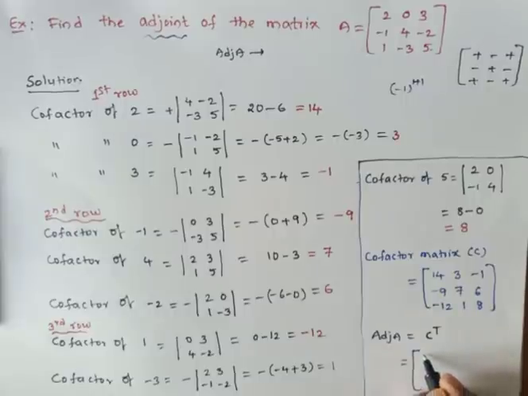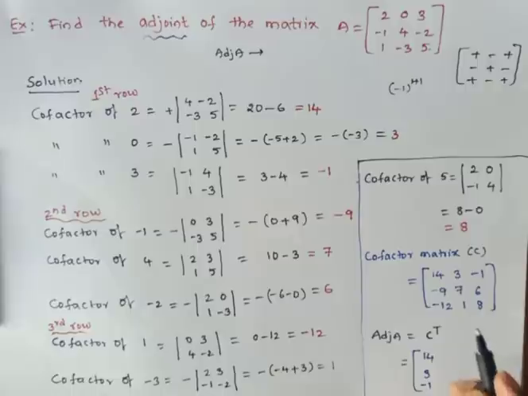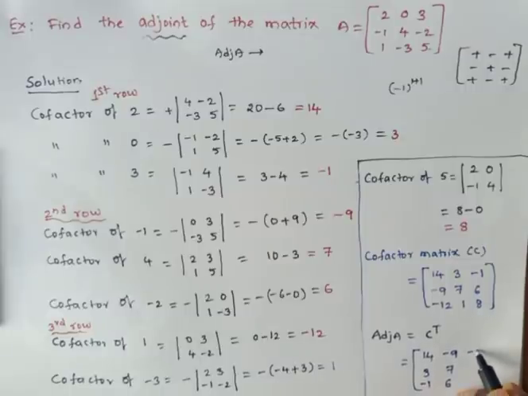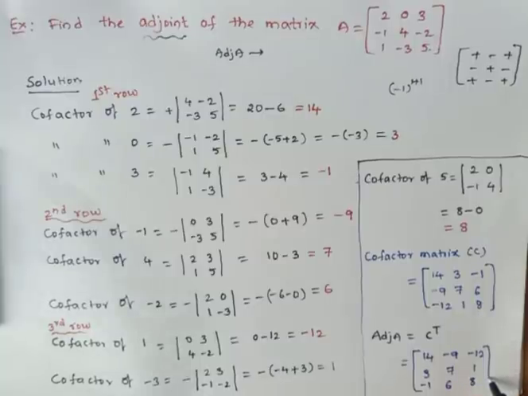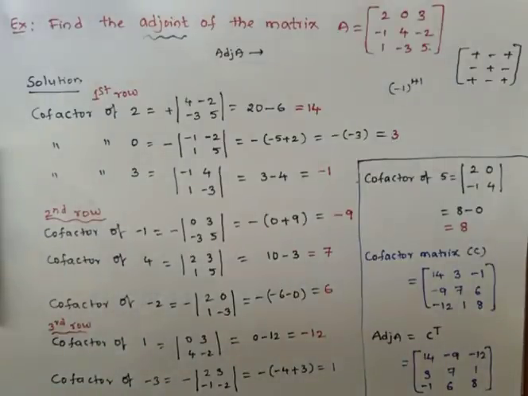This row becomes a column: 14, 3, minus 1, minus 9, 7, 6, minus 12, 1, 8. So this is the adjoint of the given matrix A.